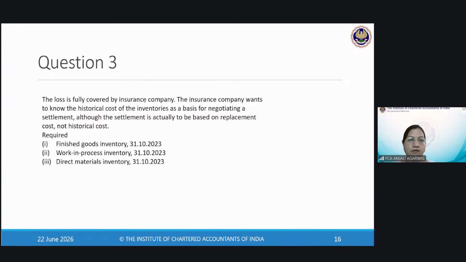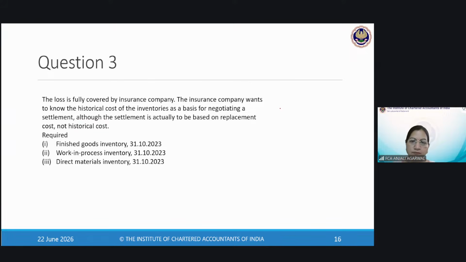This loss is fully recovered by the insurance company. The insurance company wants to know the historical cost of the inventories as a basis for negotiating a settlement, although the settlement is actually to be based on replacement cost, not historical cost.